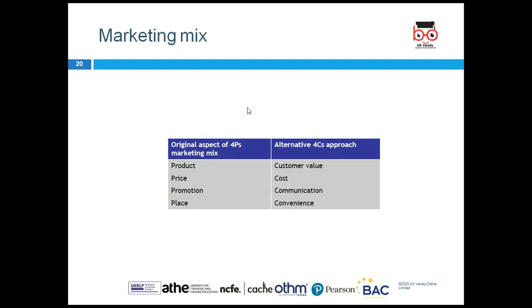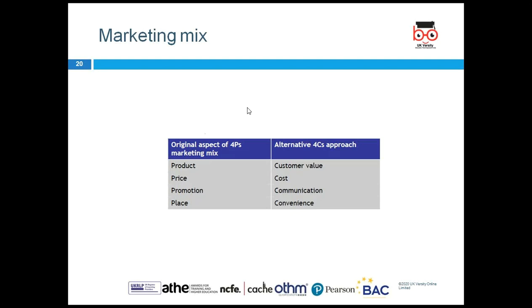You have a product, and in the product, you need to look at how you will create the value, customer value. Yes, that's why it's quite crucial. We can say it is a value added product. Price. So always look at the cost. When you decide the price, you look at the cost.